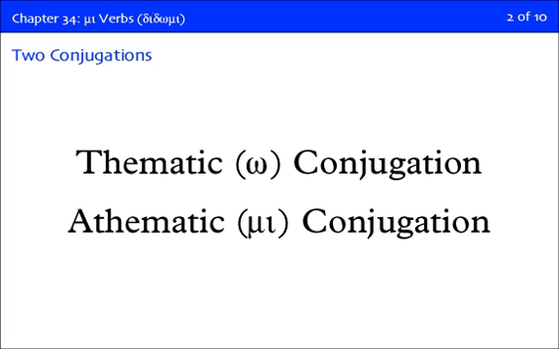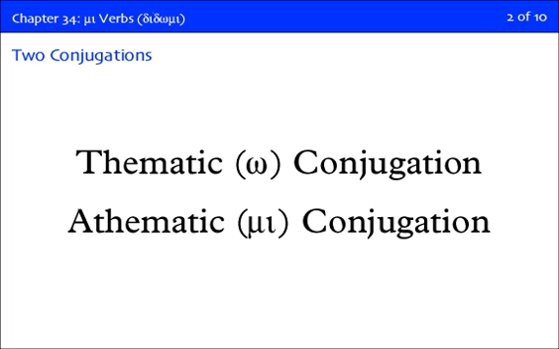So when you first start seeing these forms, they look so radically different, and you go, oh, I got another 300 some odd forms to memorize. No, you don't. There are going to be some differences, and most of those differences are in the present active. But since you've been learning how verbs get put together, then what you're going to see is that mi verbs in the present active, for the most part, just get put together a little differently. But it's still pretty much the same bits and pieces.